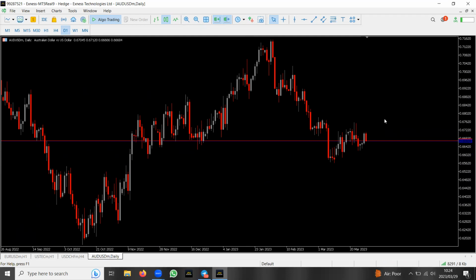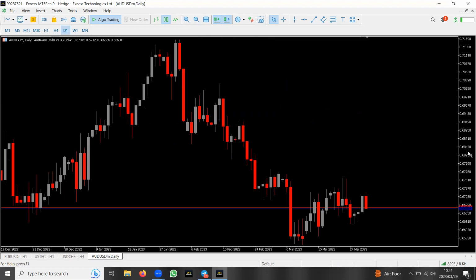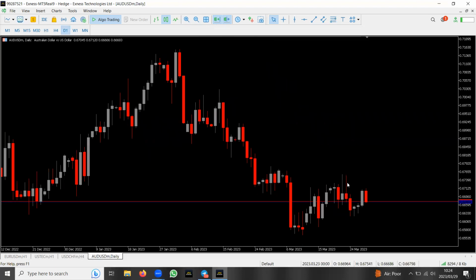Daily, it's bearish. Daily is a bearish order flow, because this is the previous, let's say, liquidity graph. We don't actually see structure, and here the previous swing low hasn't been taken out.